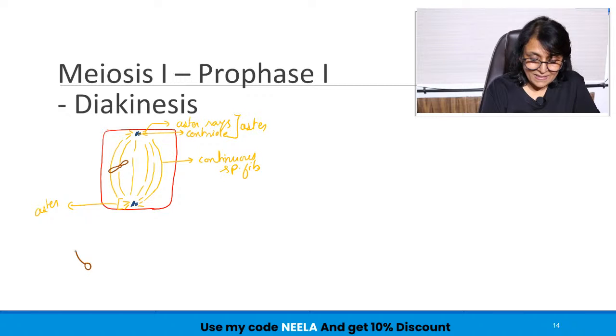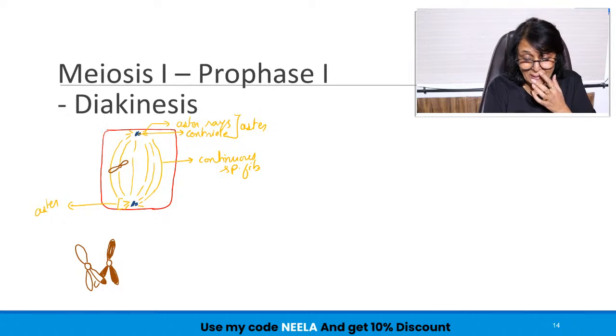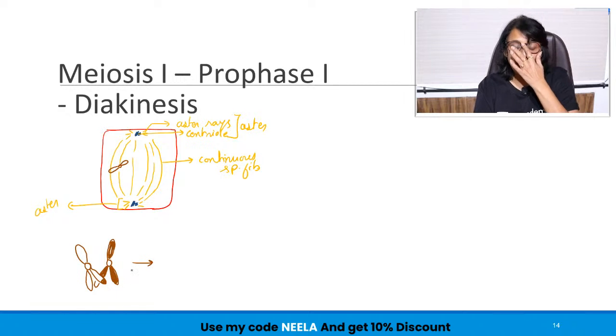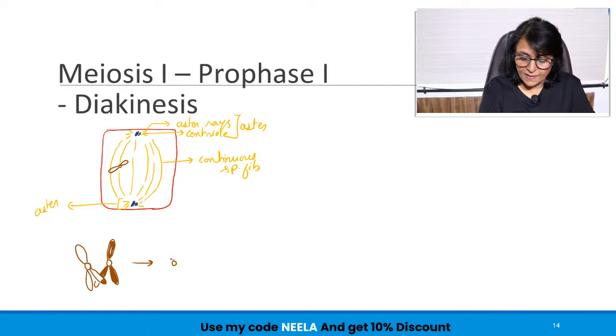Suppose this is the chromosome where we are seeing the chiasma. This is the solid chromosome, and this much part has been exchanged. When terminalization takes place, the next stage is going to be everything same.